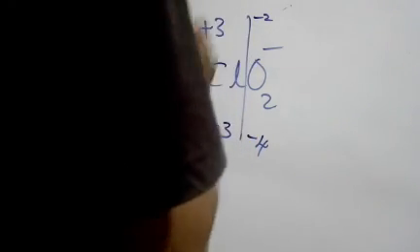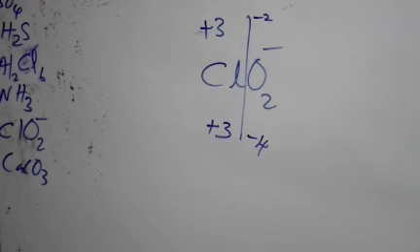So here plus 3. Okay. So when something like this is considered, we look at chlorine and oxygen. Oxygen is more electronegative. Because of that, we took it as this.